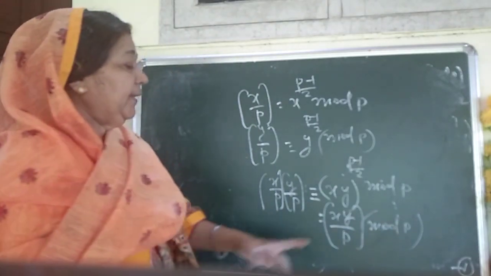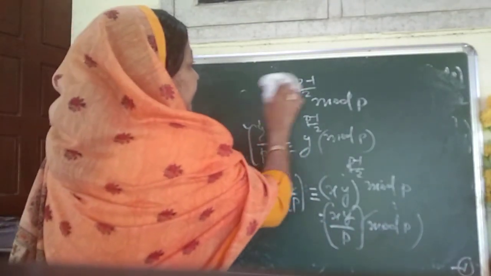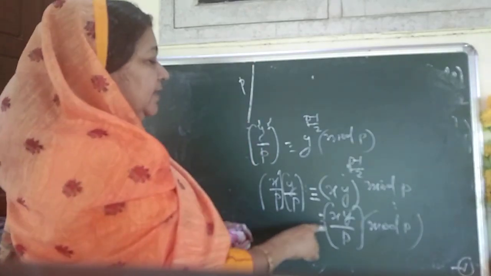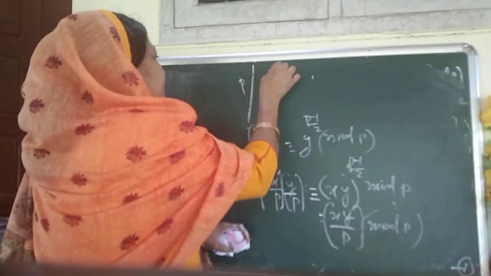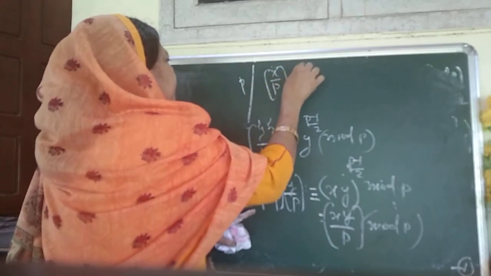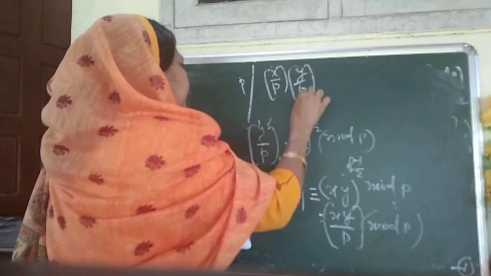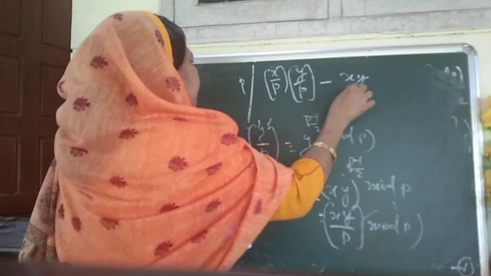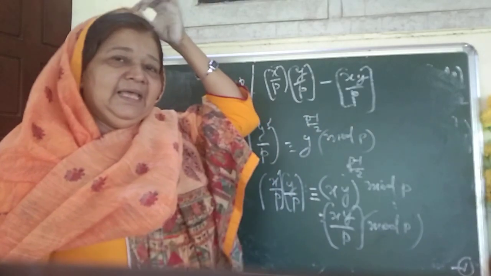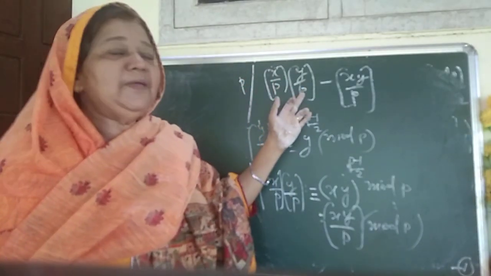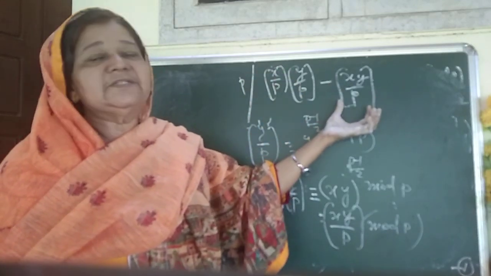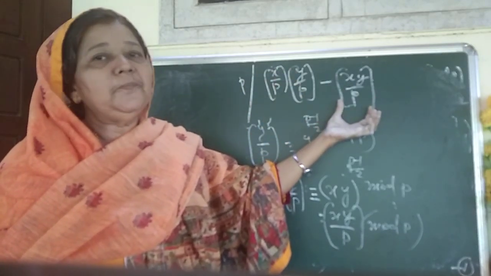That means p divides (x/p)(y/p) minus (xy/p). But (x/p) and (y/p) are values lying between -1 and +1, and also (xy/p) is -1 or +1.